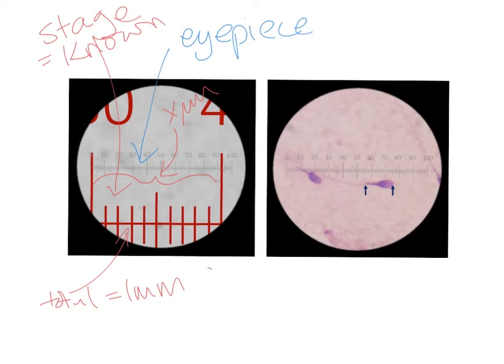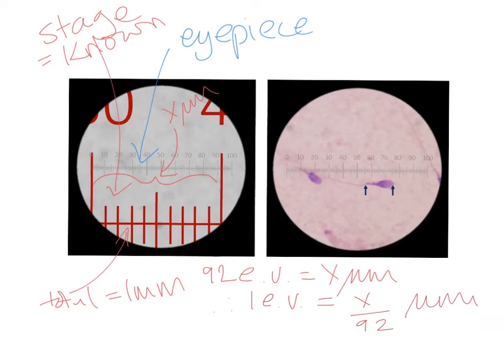So 92 eyepiece units equals that distance of x micrometers, because they line up with each other. We can therefore say that 1 eyepiece unit is going to be x over 92 micrometers. That's our calibration that we're going to need to apply.